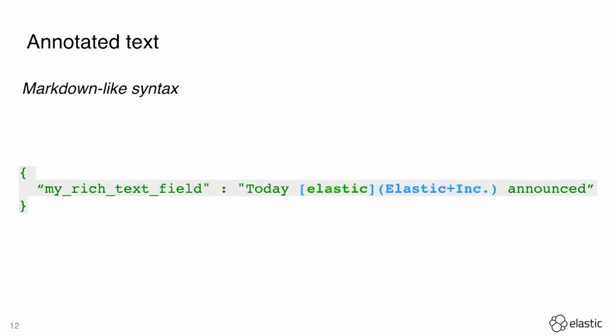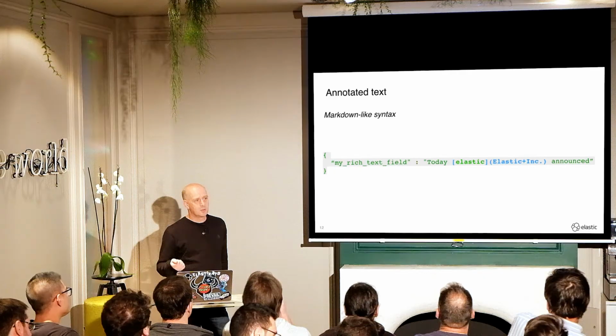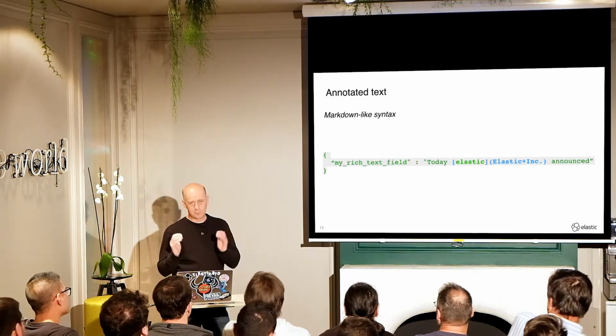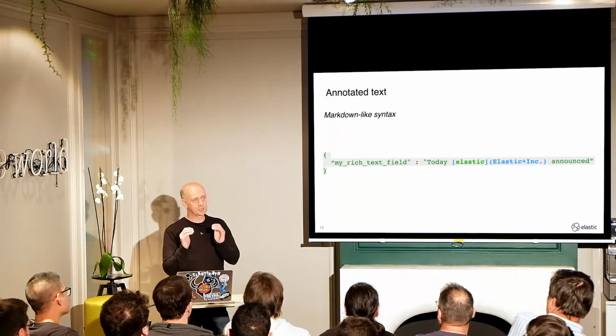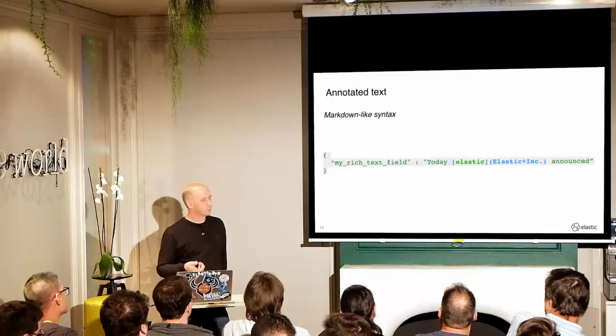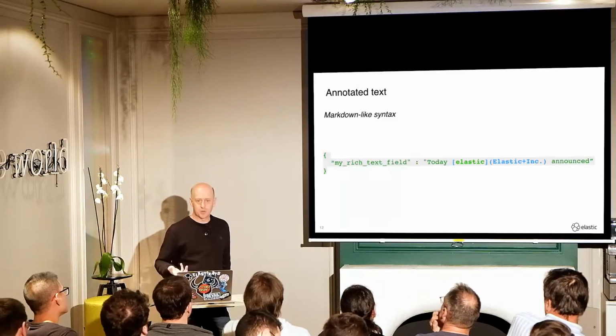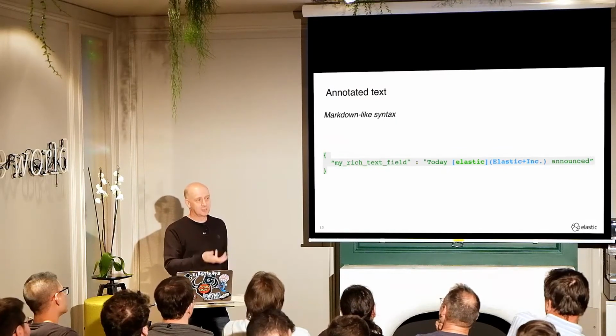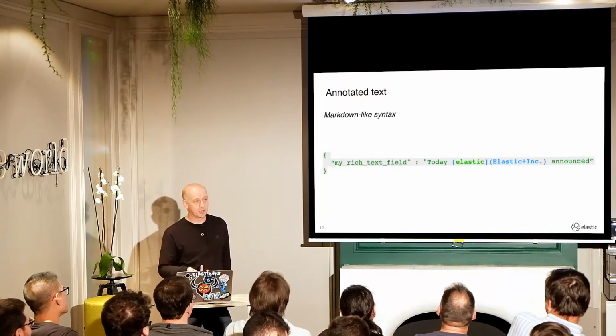So this is an example of a piece of annotated text. I have a field called my rich text field, and the text says, today Elastic announced. But what we've done is we've used markdown syntax around the word Elastic, and we've added some extra information, which is the annotation. So we're saying that actually it's not elastic as in elasticated underwear, it is Elastic as in Elastic Incorporated, it's a company.